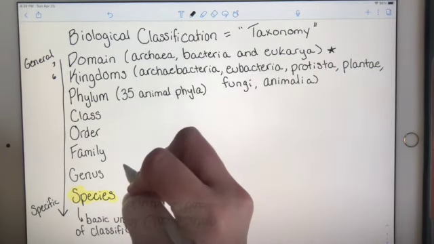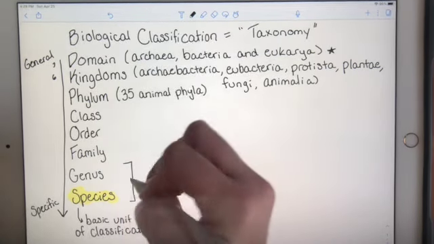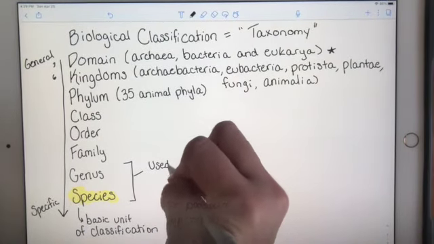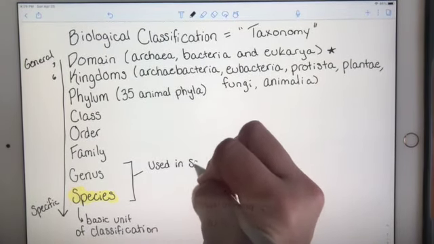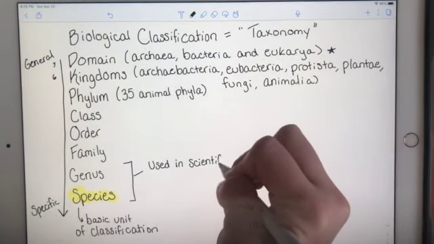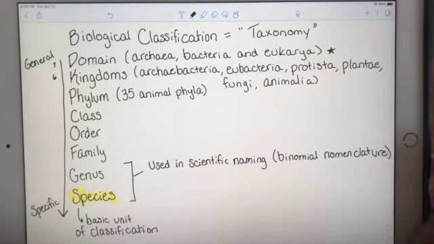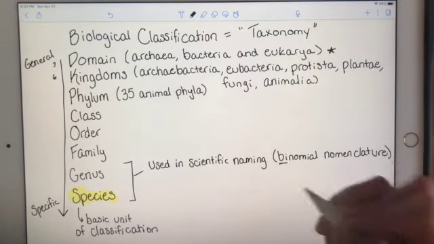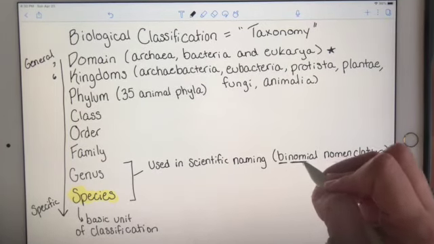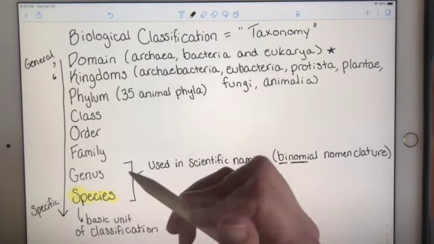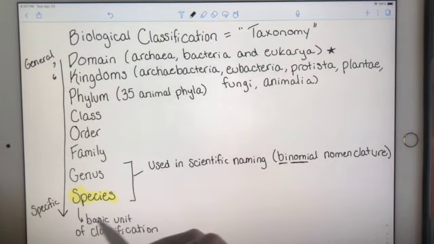Scientific names use both the genus and the species. The fancy science word for scientific naming is binomial nomenclature. And this looks complex, but bi is 2, nome is the root of name, so 2 names. So we're going to use the genus and the species.